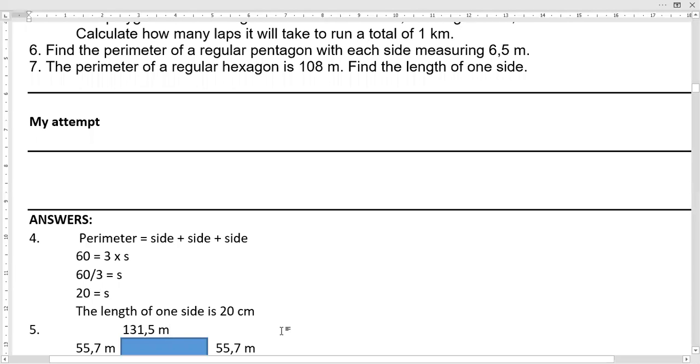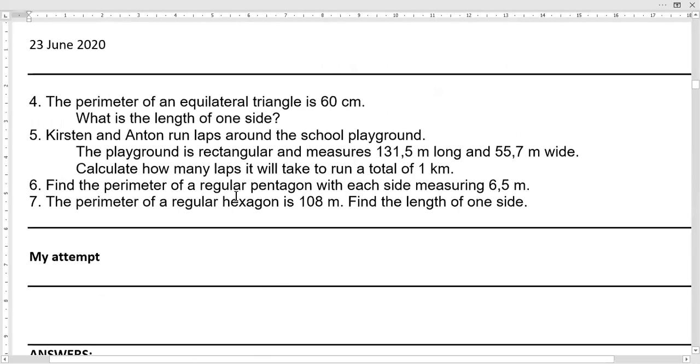Okay. Number 5. Kirsten and Anton run laps around the school playground. Okay. So the playground is rectangular, and they tell you the measurements of the sides. And they say to you, how many laps will it take for them to run a total of 1 kilometer?